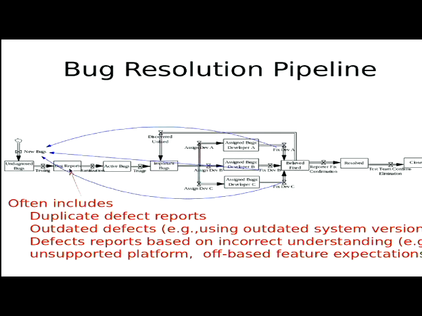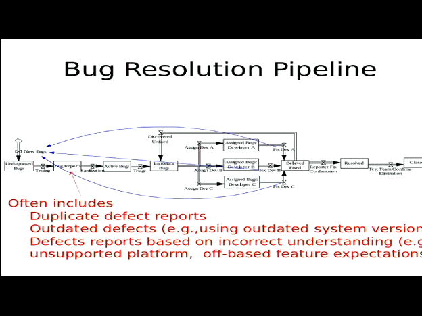There could have been a change in requirements, which now says, okay, that was a bug, now it's a feature. Or it could be due to a misunderstanding, right? Someone reports this thinking that it's a problem, and it's actually by design. This is how it was actually supposed to be.